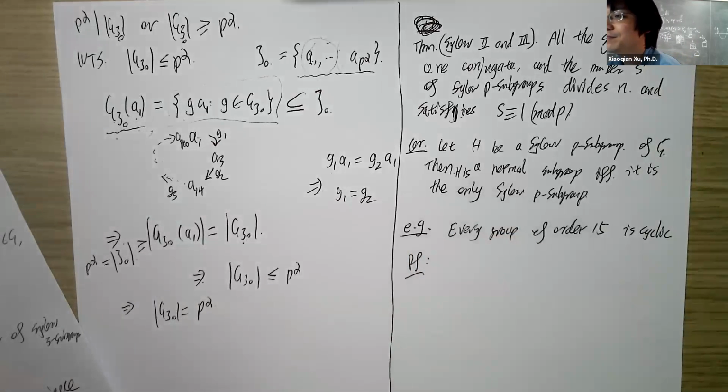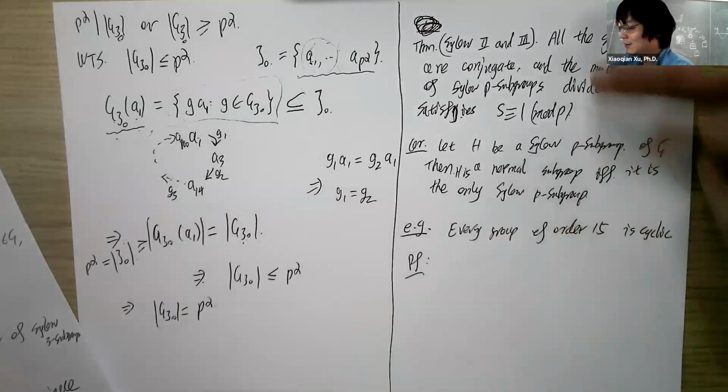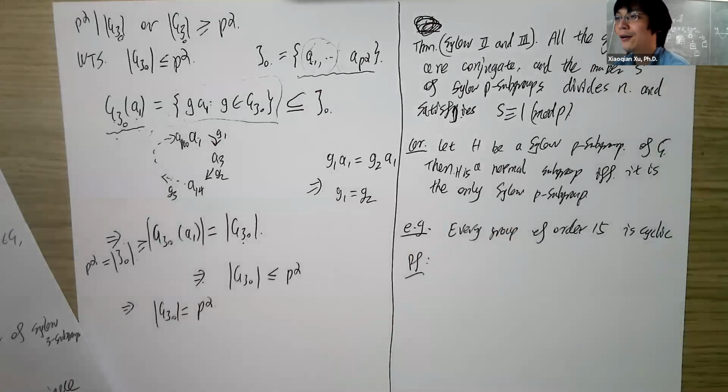Why is that? Can we imagine how we could show this statement? Try to imagine how we can prove it. By this kind of Sylow p group, how could we approach it? Where should we start?